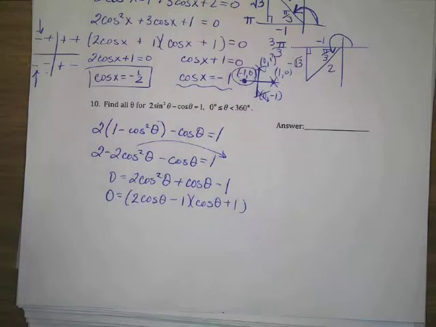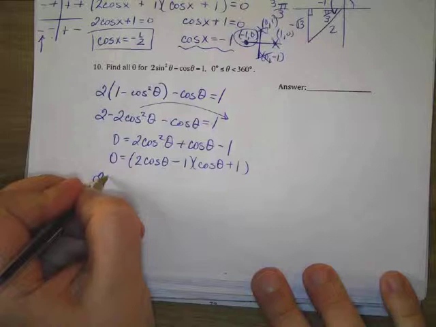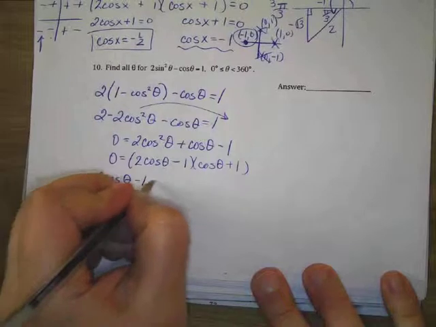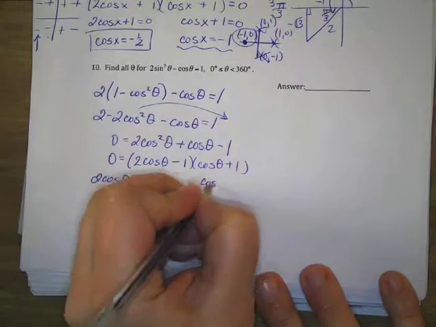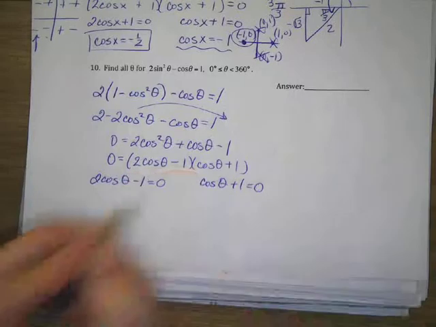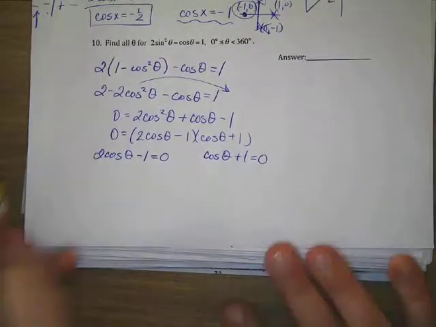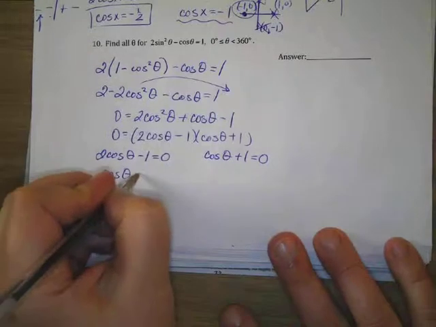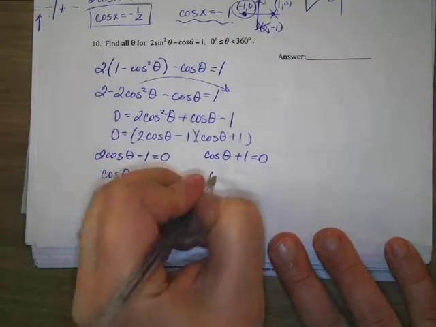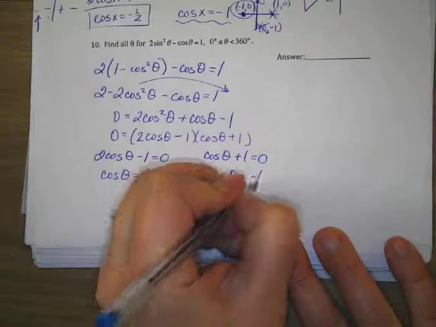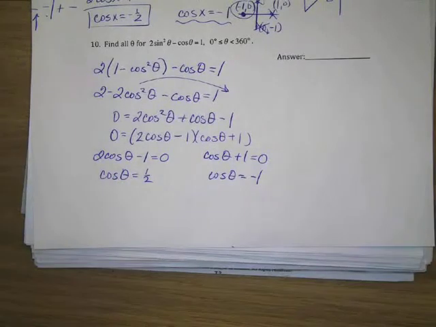And then zero product property. So cosine theta equals 1/2, or cosine theta equals -1. So where's cosine theta equal to -1?